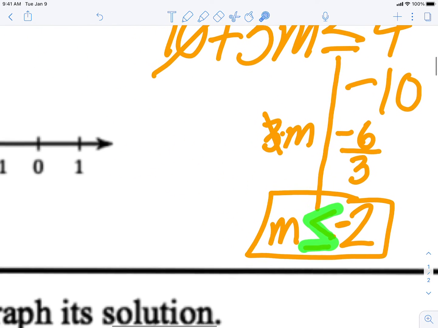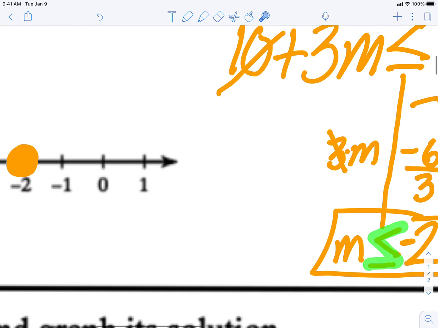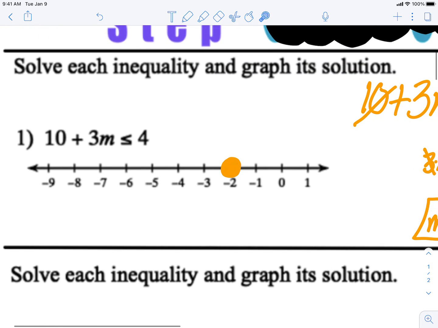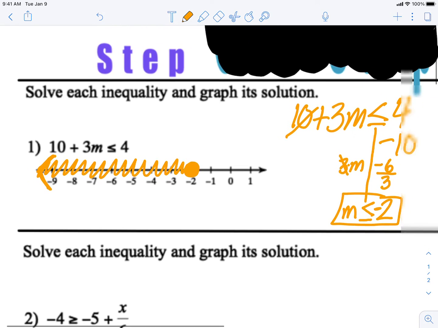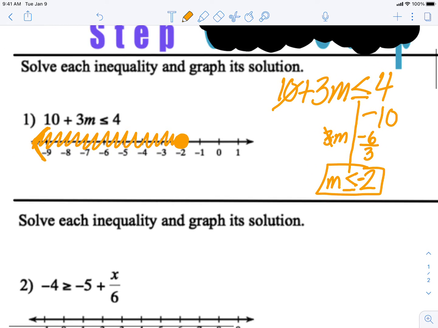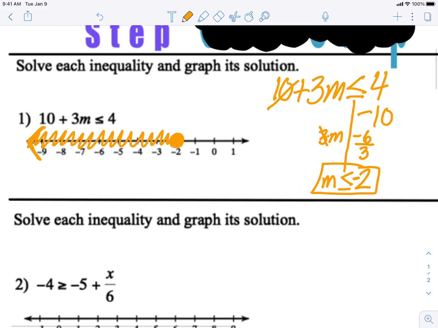So we're going to graph left. So that means that I'm going to graph this way, left. So it's going to go all the way over like that. And there you go. We have solved this multi-step inequality. Perfect.